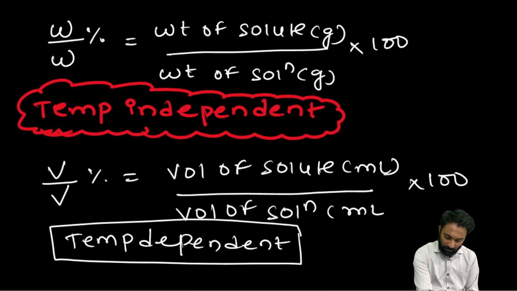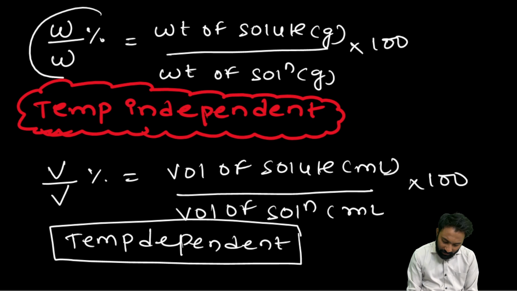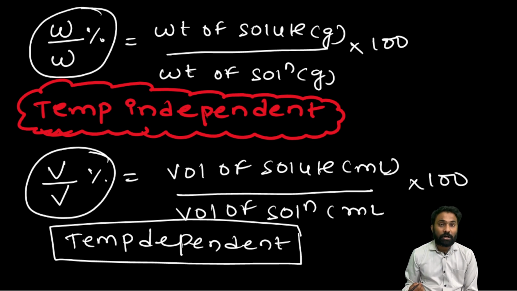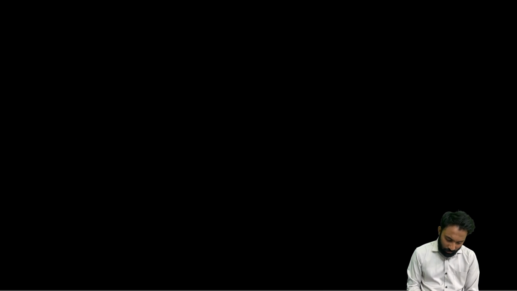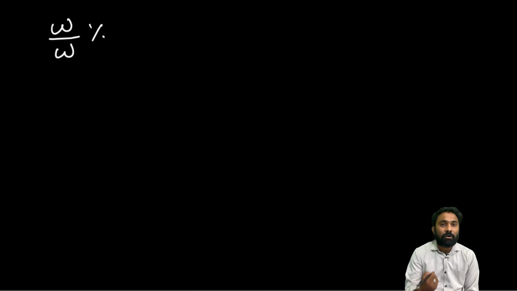Now sir, how do we identify a weight by weight percentage or a V by V percentage if it is given in the question? What does it represent and what is the terminology?